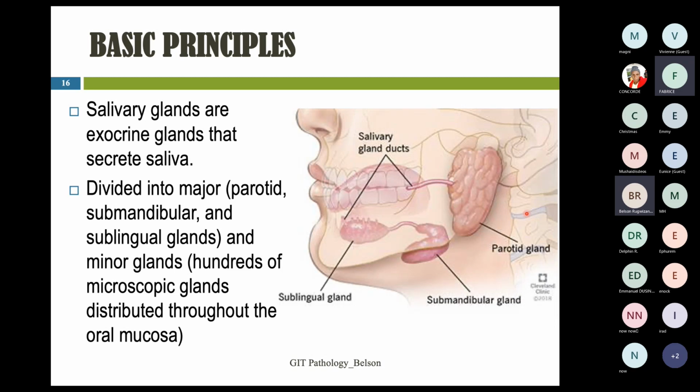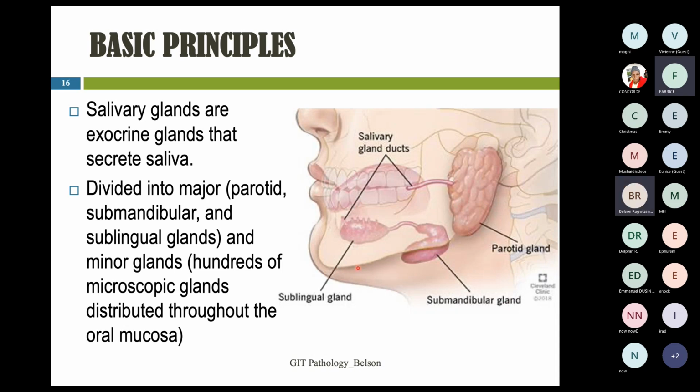The difference, if you remember well, is that the parotid gland is serous, so it secretes just a watery fluid, while the sublingual gland is mucus. It secretes things which are thick. Submandibular is both, mixed serous and mucus.